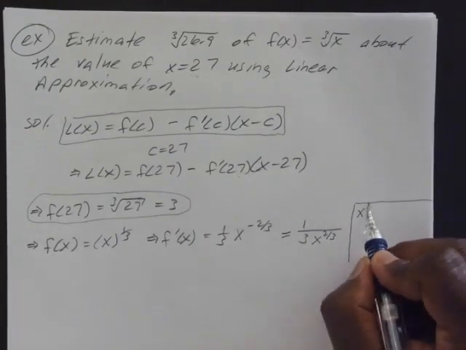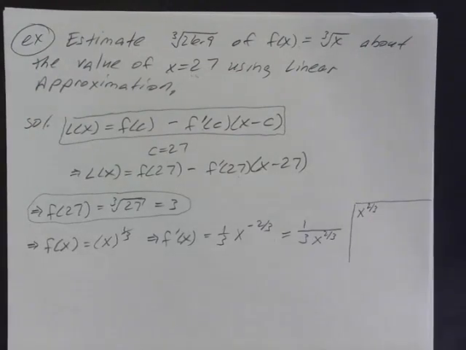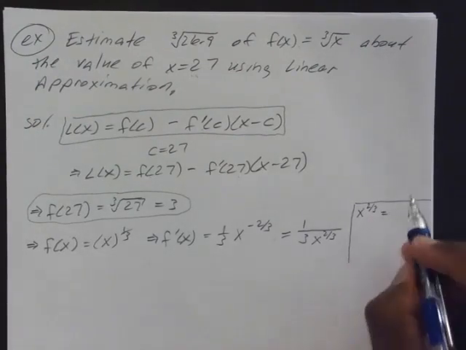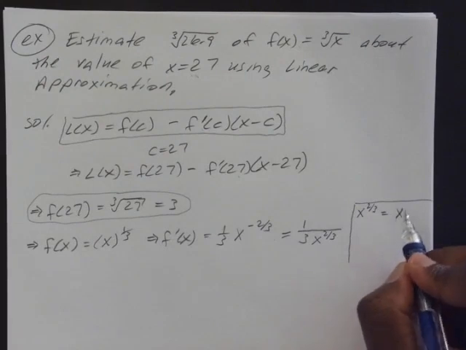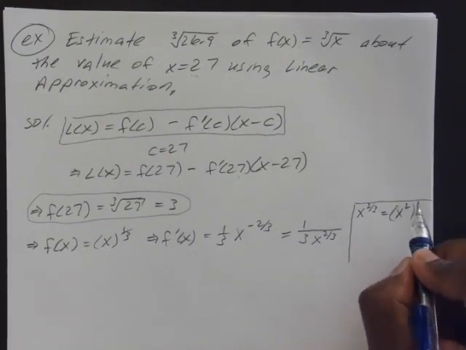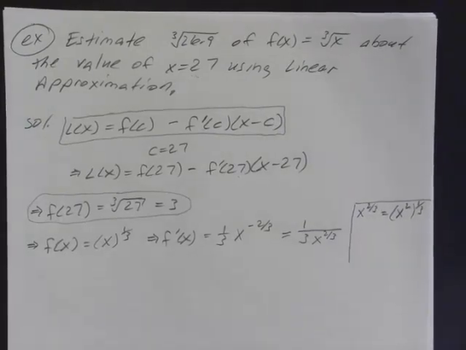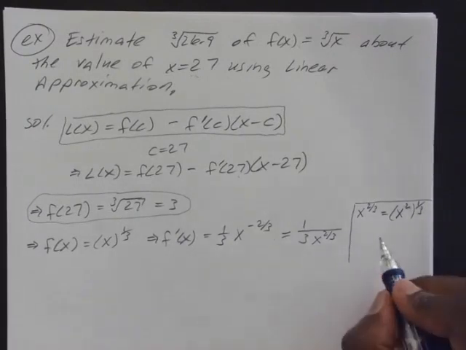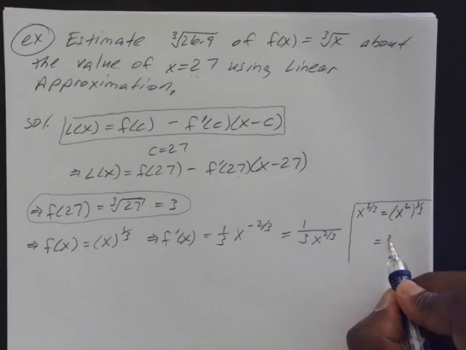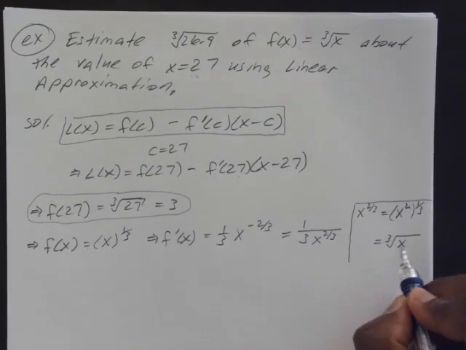That x to the 2/3 power, we can rewrite as x squared to the 1/3 power, because we're just multiplying those exponents. Or we can just say the cube root of x squared.